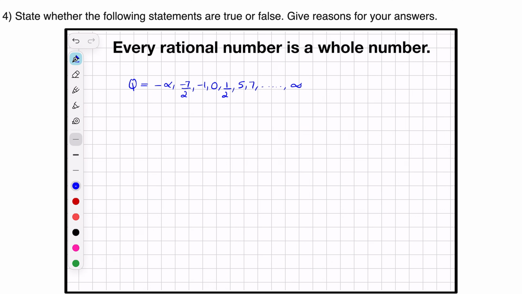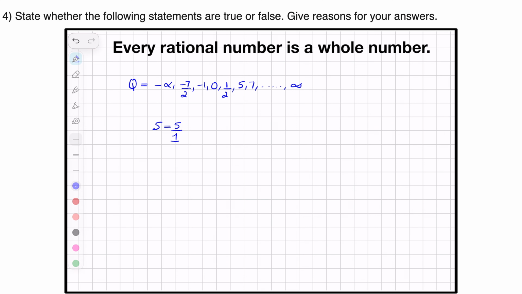I'm not writing all the numbers, I'm just writing some samples of it. Now the question is every rational number is a whole number. So let us take quickly one rational number and see whether it is a whole number. Let us say we pick 5. Is 5 a rational number? Yes, because 5 can be written as 5 by 1. So it is a rational number, and 5 is also a whole number.